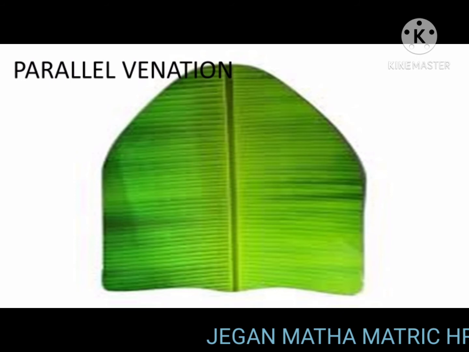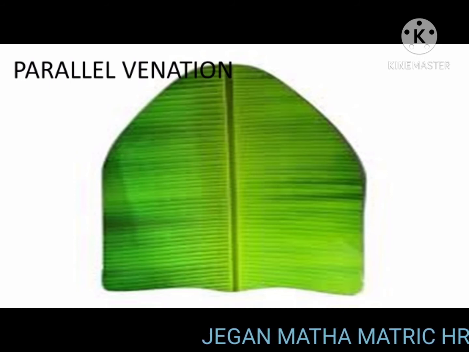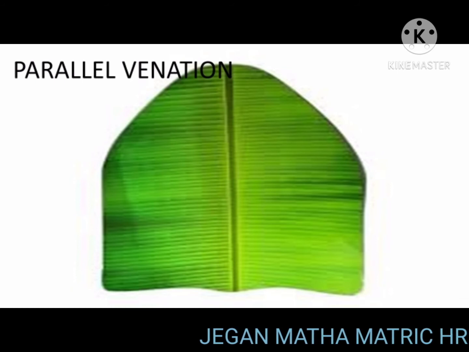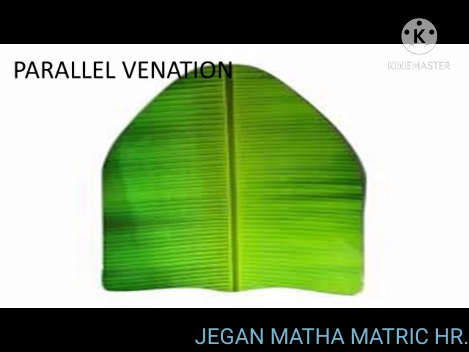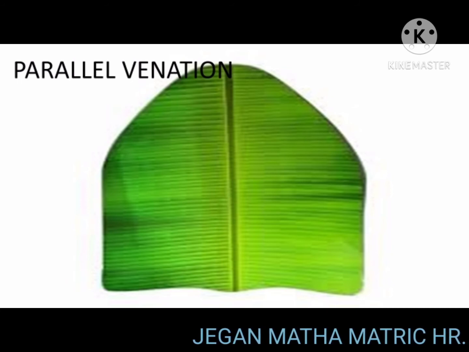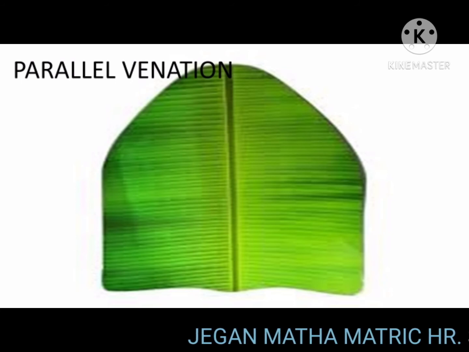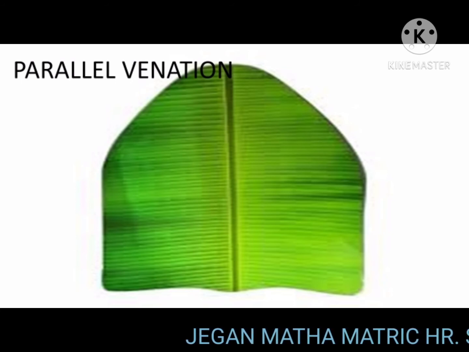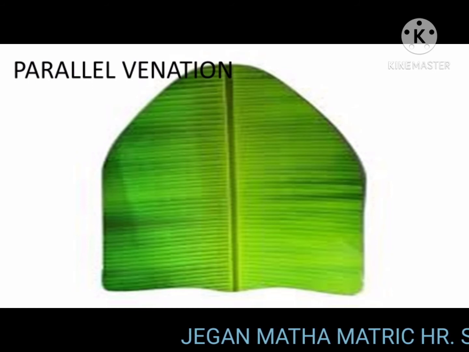Parallel venation, veins run parallel and do not form a prominent reticulum. It is a characteristic feature of monocot leaves. It is classified into two types: pinnately parallel venation and palmate parallel venation.